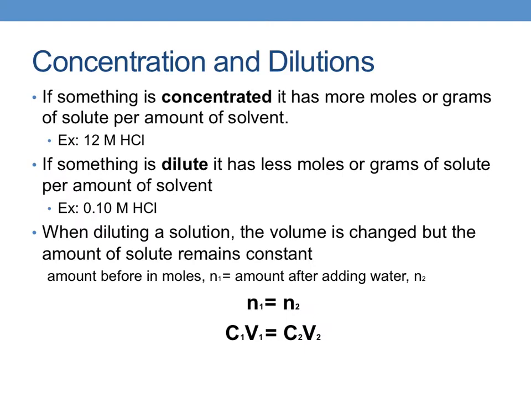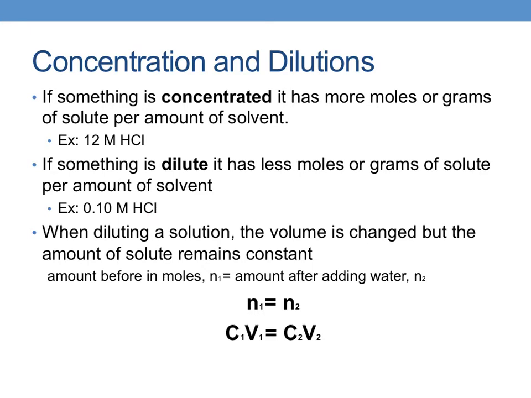So what we just did were 2 examples using solids, where you weighed out a certain amount of solid and then dissolved it in water. A lot of the time though, when you're dealing with concentration, you might start with a very strong solution, and then you dilute it until you have a much weaker solution.